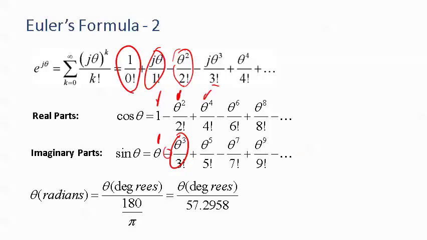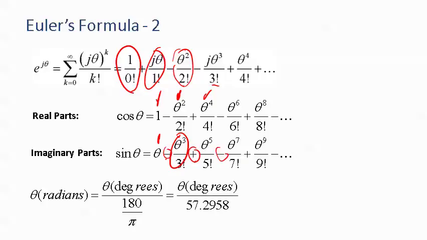And as you can see, as we keep on moving out with this, when we go to the higher numbers of k and so forth, we can collect all the even values of k. They'll all have real components, and so we'll call those cosines. Notice the sign alternates. On the other hand, if they're odd, we're collecting up sines, and they're imaginaries, and they also alternate sign, minus, plus, minus, and so on.